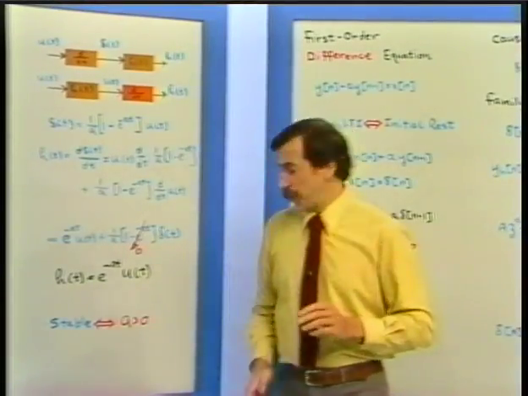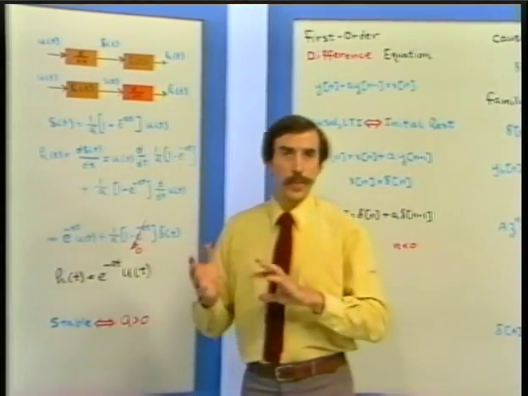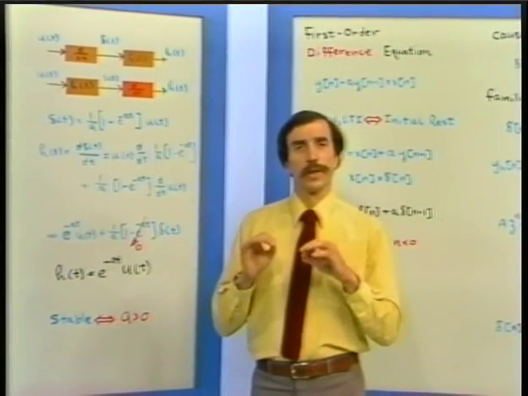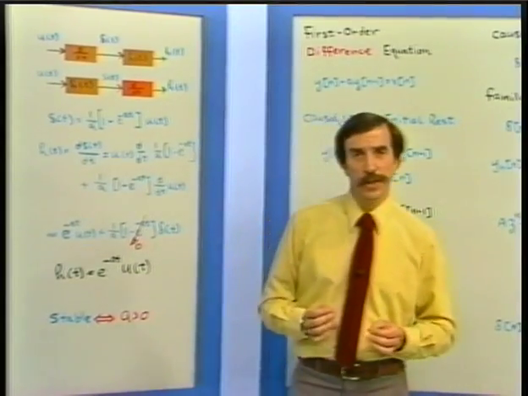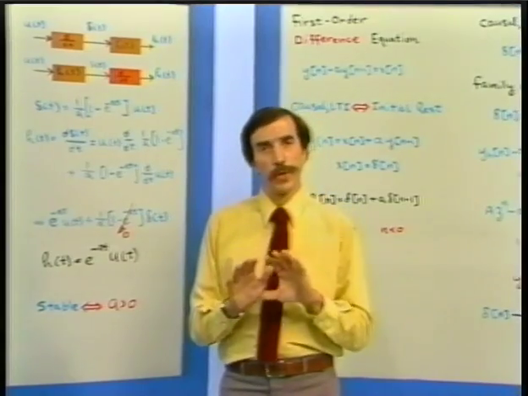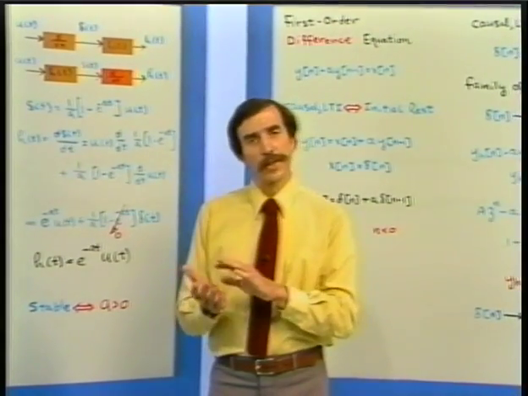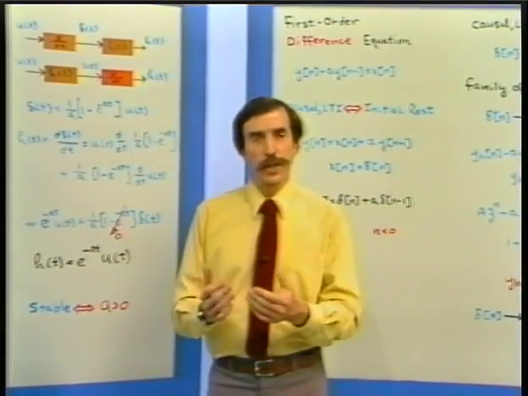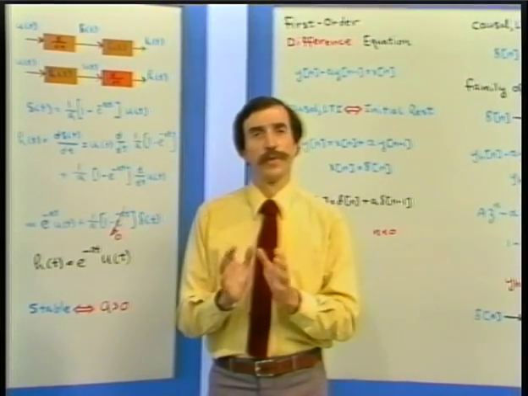Okay, so what we've seen then is the impulse response for a system described by a linear constant coefficient differential equation where, in addition, we've imposed causality, linearity, and time invariance essentially through the initial conditions of initial rest.